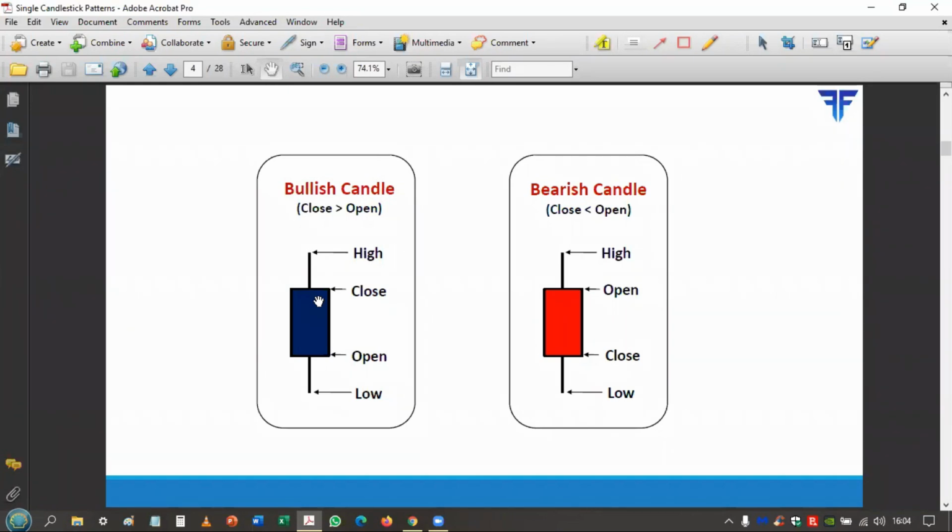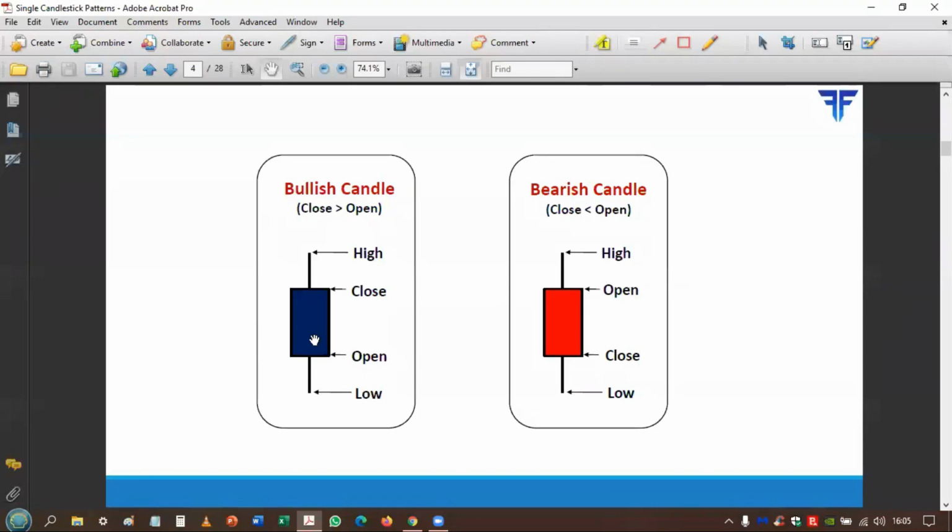A Japanese candlestick comprises 2 components. One is the real body, which is the colored portion that appears somewhere in the center. It resembles the shape of a candle and hence the term candlestick.